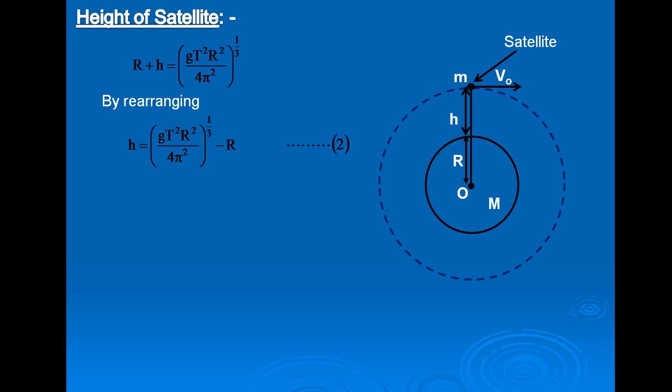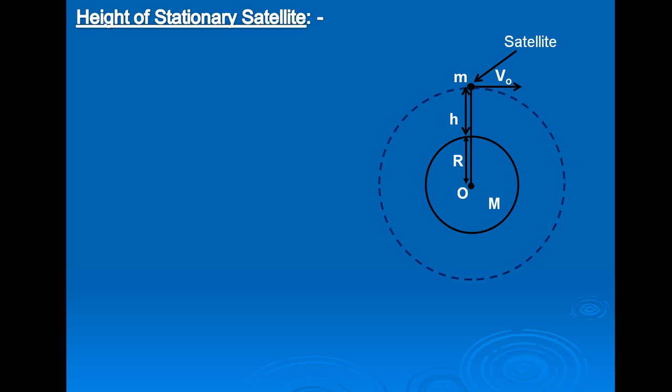So by this formula we can find the height of the satellite if we are given the time period of the satellite. Now, height of a stationary satellite.